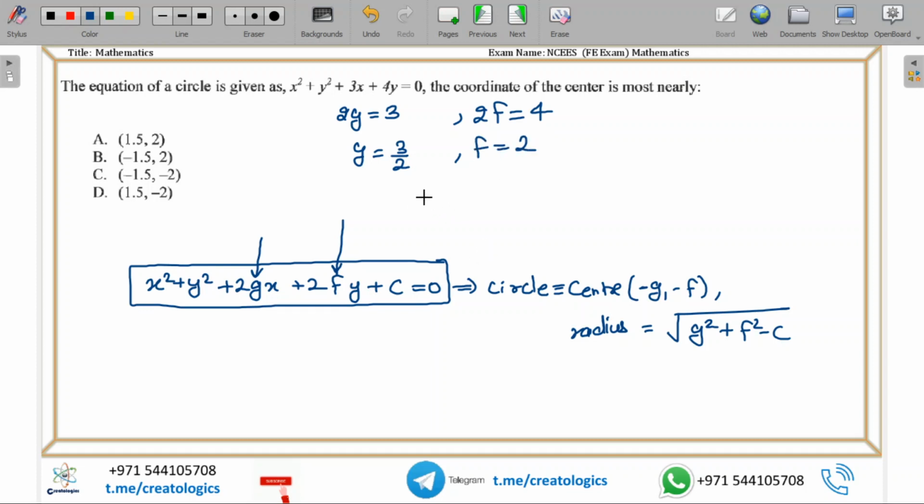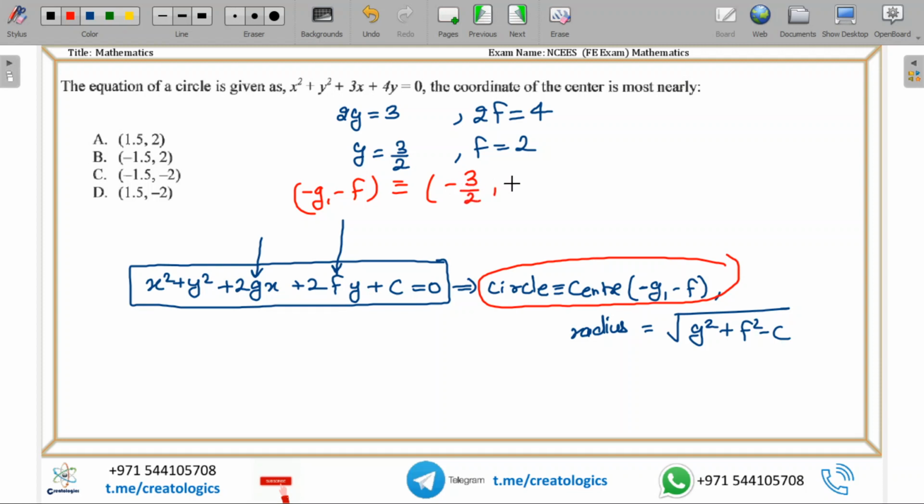The center of the circle lies at minus g comma minus f, so the center will be negative 3 over 2, negative 2, which you can say is negative 1.5 comma minus 2. If you look at the options, option C is the correct match for that.